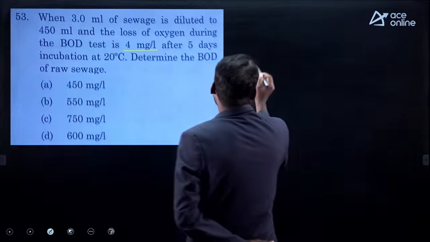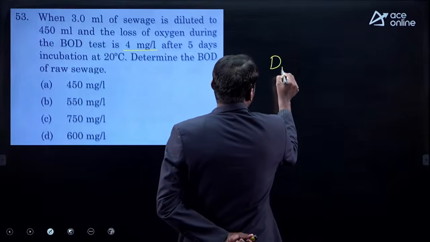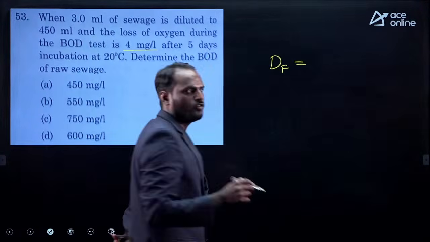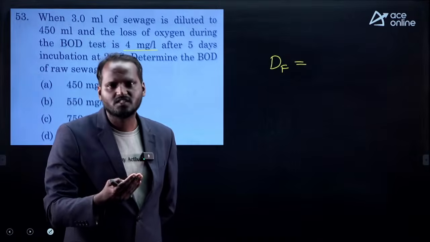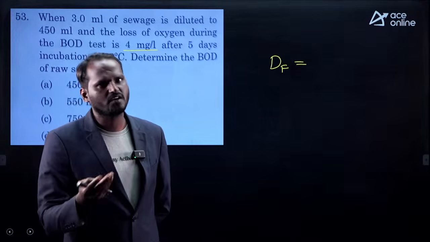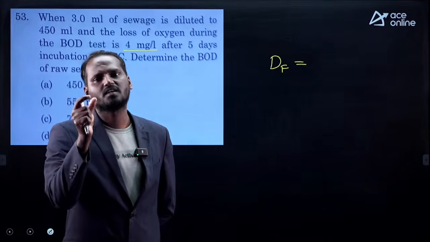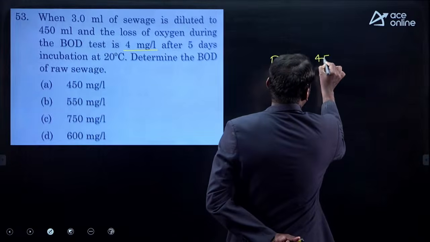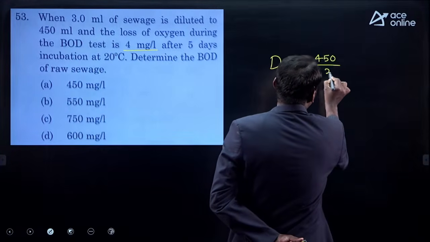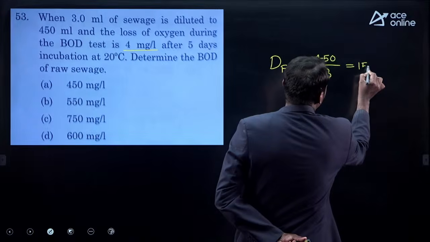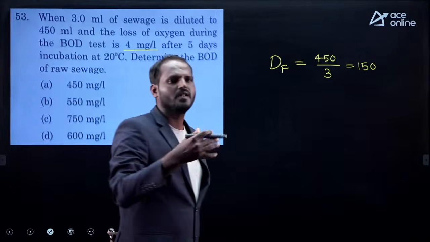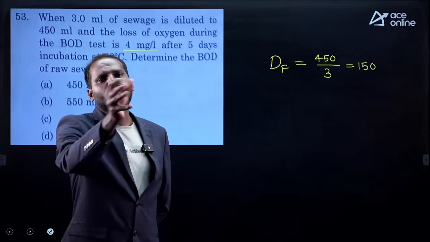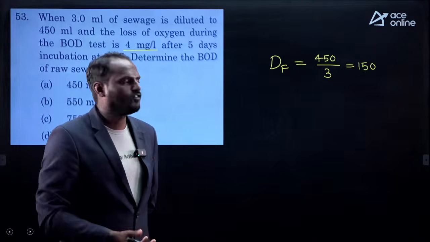What is the dilution factor? If 3 ml is diluted to 450 ml, how many times is that sewage sample getting diluted? That is the dilution factor. The basic understanding about dilution factor is that. Therefore, 450 divided by 3 will give you the dilution factor, 150 times. 3 ml becomes 450 ml means we diluted 150 times.